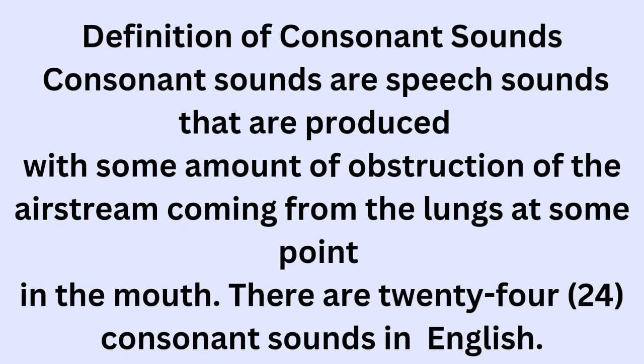It is either the lips obstruct it, the teeth obstruct it, or the throat obstructs it. Anytime you are producing a consonant sound, there is usually some obstruction of the airflow coming from your lungs at some point in the mouth, and that is what consonant sounds are, and that is what differentiates them from other aspects of sounds.